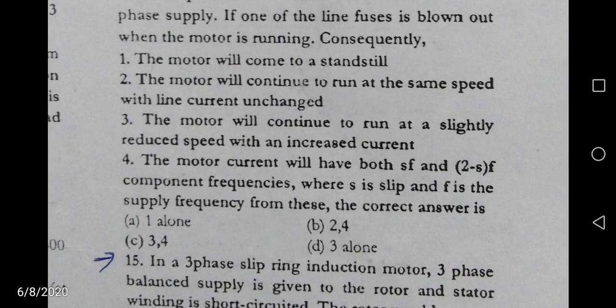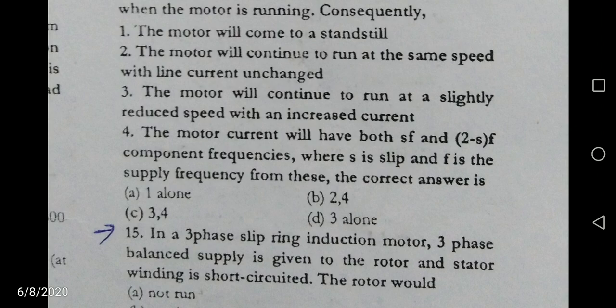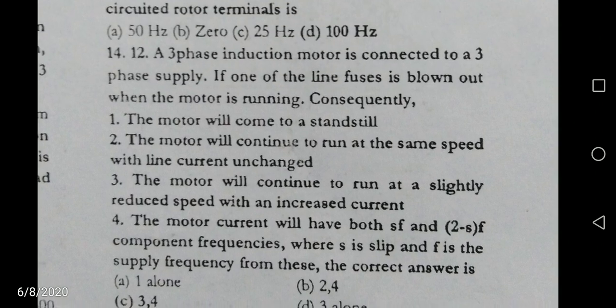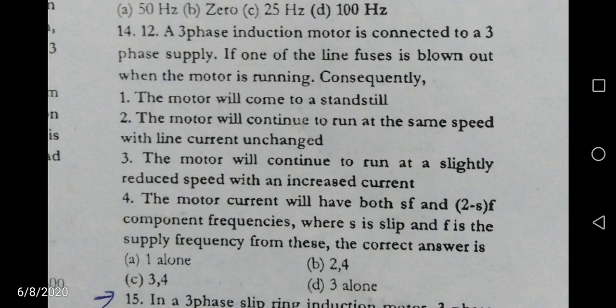The motor current will have both SF and 2 minus SF component frequency, where S is the slip and F is the frequency from the supply. The correct answer is, so here the third answer is correct, because when in a three-phase induction machine, if any one of the phases is disconnected, then the machine acts as a two-phase machine.